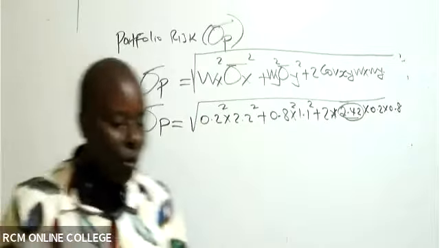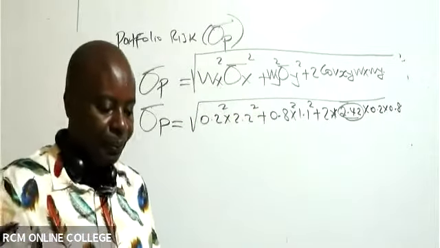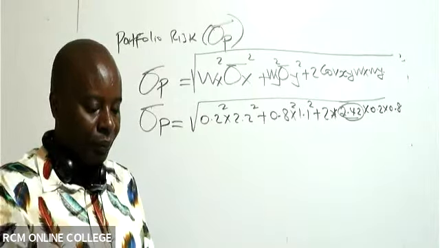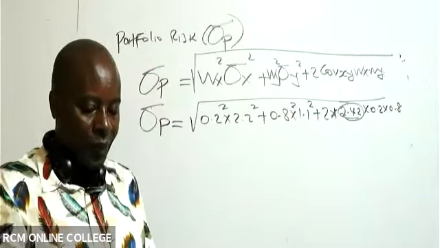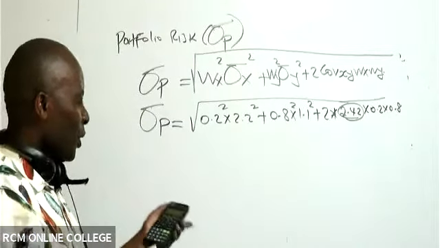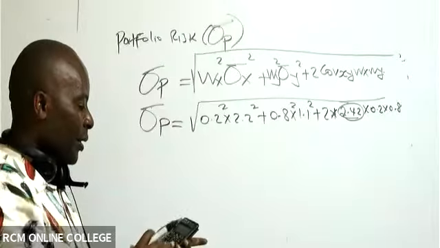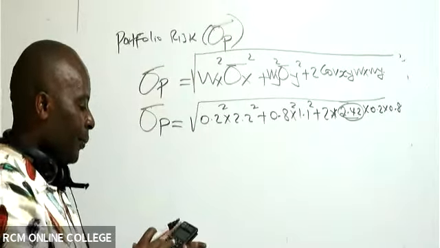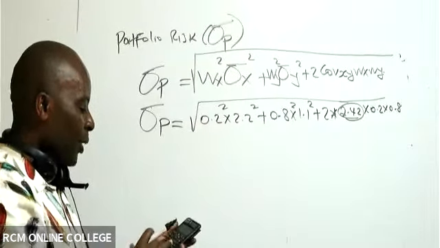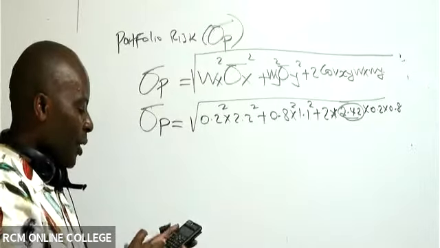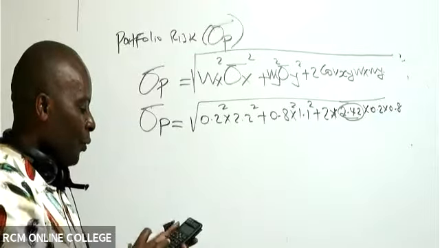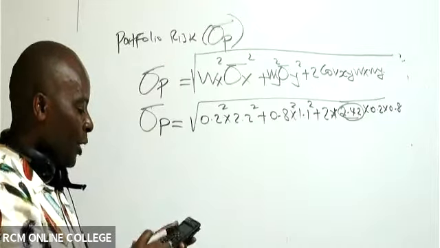So now we pick our calculator. Don't start with the square root. You say 0.2 squared times 2.2 squared, plus 0.8 squared times 1.1 squared, plus 2 times 2.42 times 0.2 times 0.8.